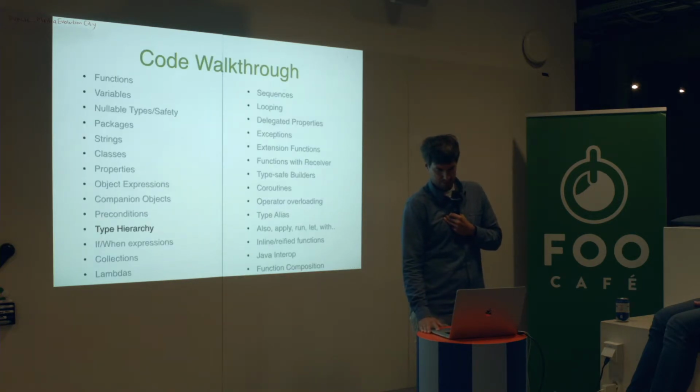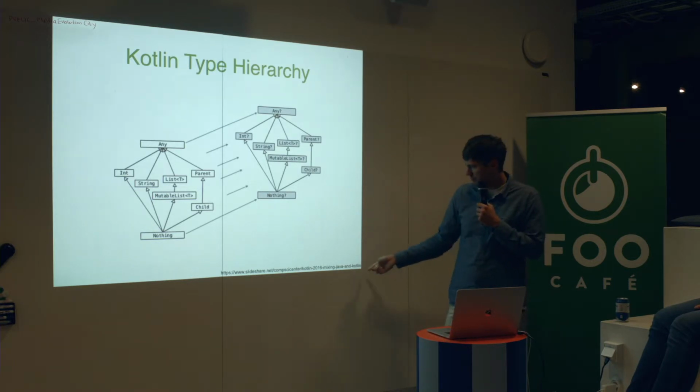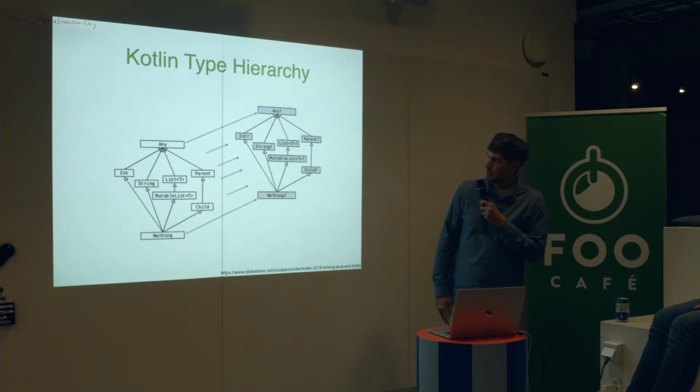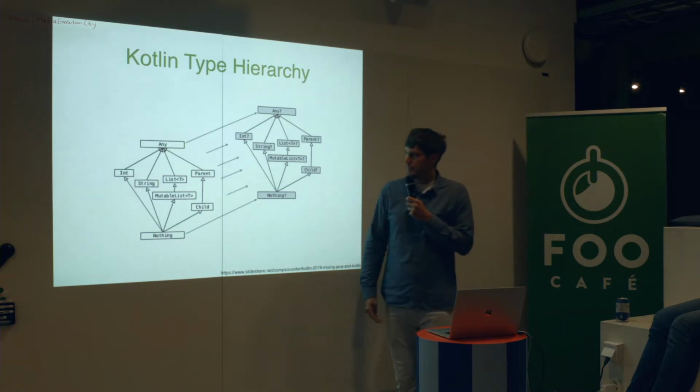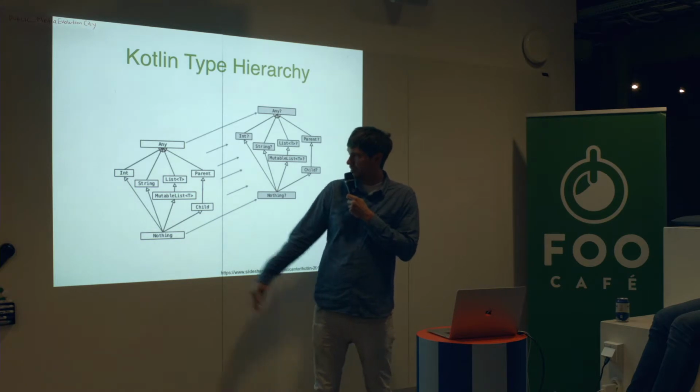Yes. Now we're going to talk a little bit about the type hierarchy in Kotlin. So here's a picture that I've stolen from this link. And here you can see some types in Kotlin.